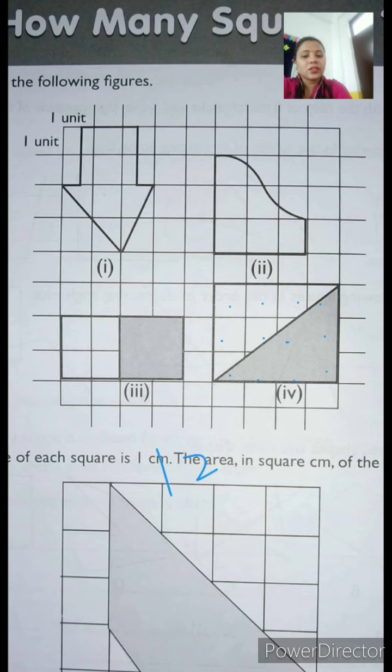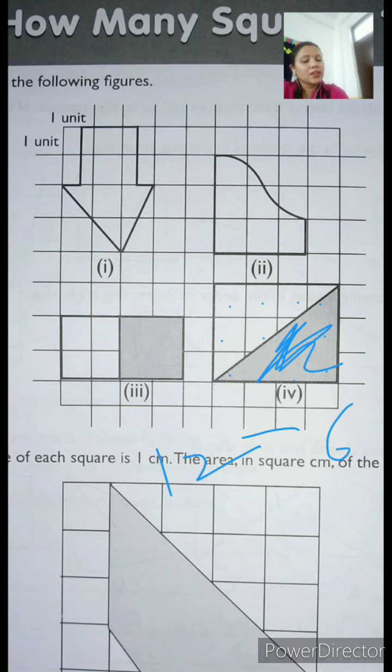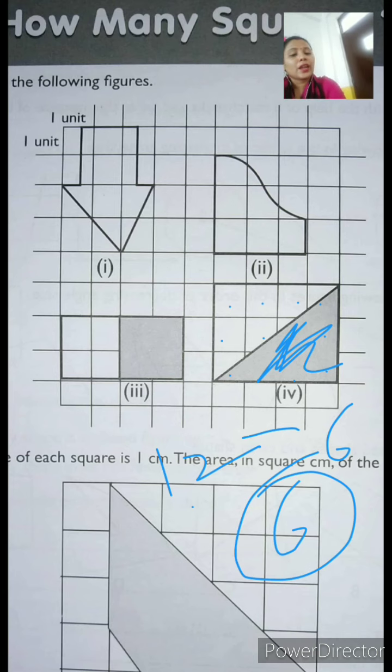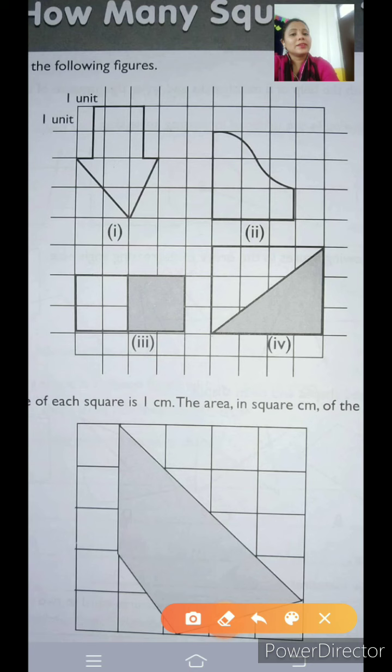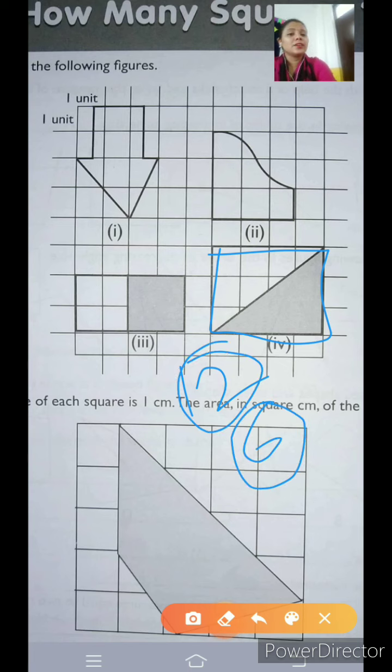So the answer is 12. And now what is the area of the shaded triangle? That is 6, so 12 minus 6 is 6. So obviously the area of the triangle is just half of the area of the rectangle. The total area of your rectangle was 12 and the triangle's is 6. It means the area of this triangle is half of the rectangle.